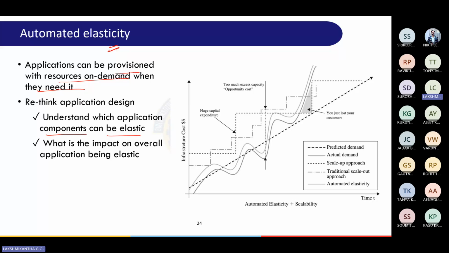Or is it your message queue? And along with this, you must also consider the impact on the overall application of being elastic. For example, if you quickly spin up 100 compute nodes, can your database handle 100 new connections instantly? Correct? No. So this points to the need for decoupling, which we will cover shortly, guys.